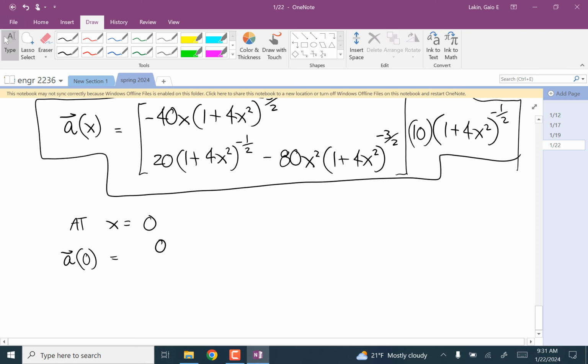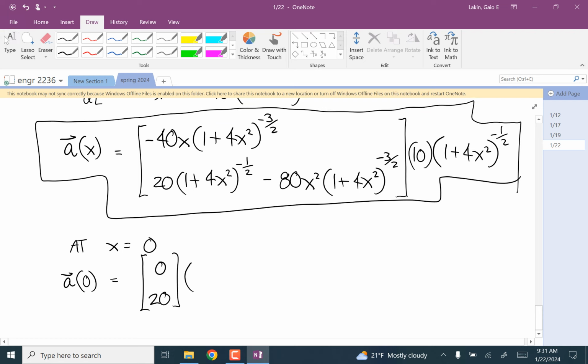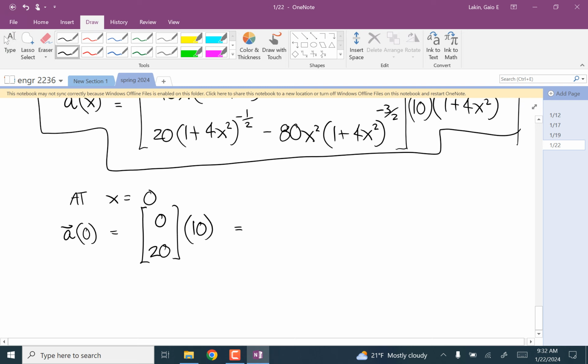The y component is 20 minus 0, and then we're multiplying it by 10. And so we get a total acceleration that's equal to (0, 200). Okay, so 20 Gs or whatever.